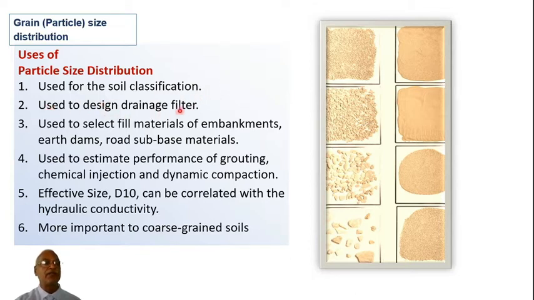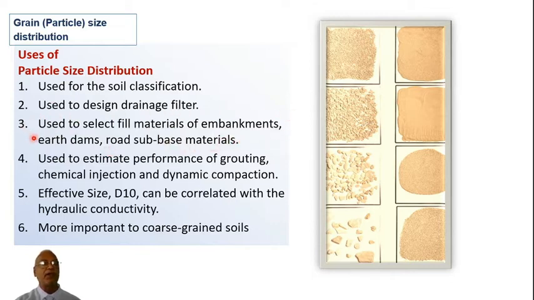It is used to design the drainage filter. This is also given to you when we study filters, right? Size distribution is used to select the fill material of embankments, earthen dams, and road sub-base materials.